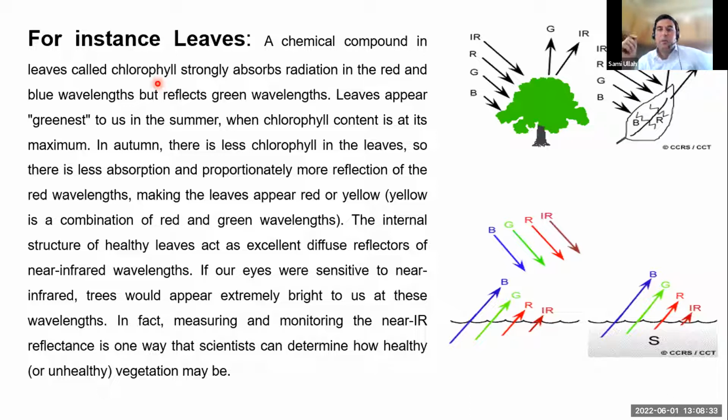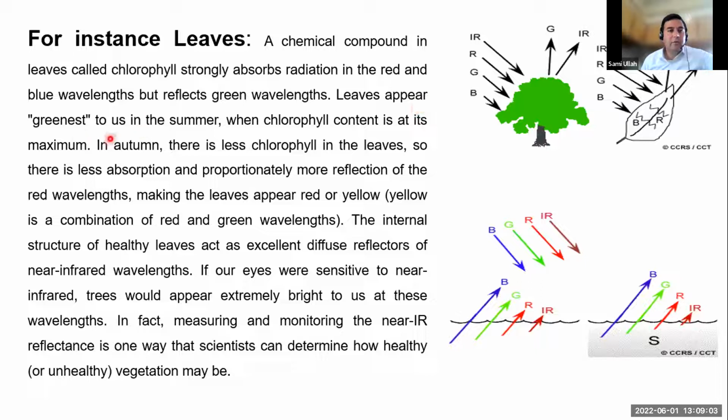Because of the reflection of the green color, we can see the trees green. But in the season of autumn, sometimes the leaf looks reddish in color. It's just because the leaves become dry and the chlorophyll content becomes weak, so the absorption of the red color is weak, so it reflects a little bit of the red color as well, and the leaf becomes yellow-reddish in color.